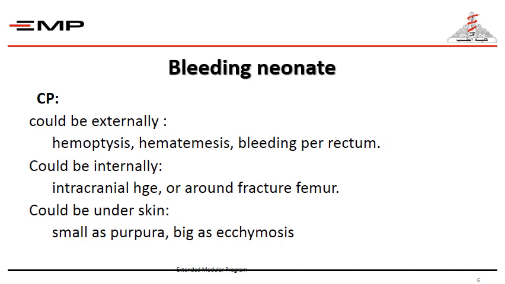The second group of problems that we are discussing in this presentation is neonatal bleeding. The neonate might be bleeding externally, in the form of hemoptysis, hematemesis, bleeding per rectum, or bleeding from the nose, like epistaxis, or he or she might be bleeding internally, like intracranial hemorrhage, or around a fractured femur within the tissues of the thigh.